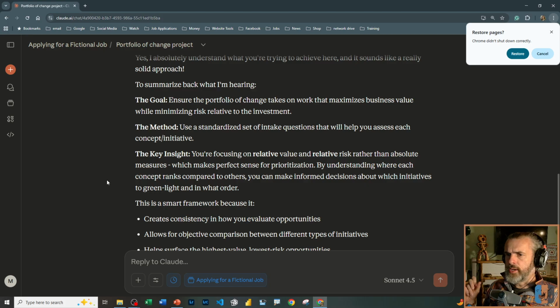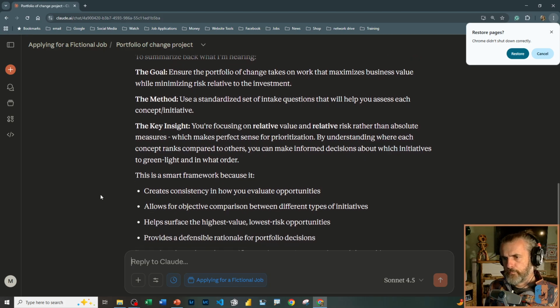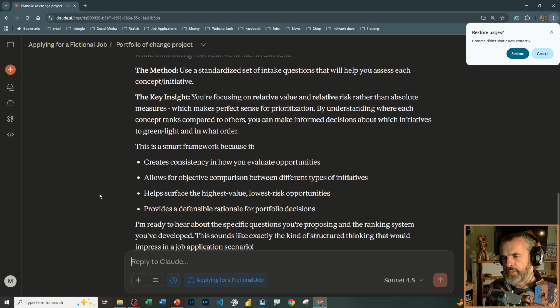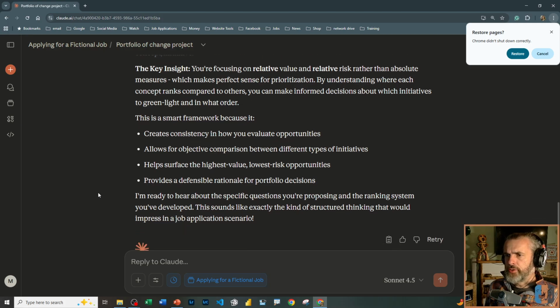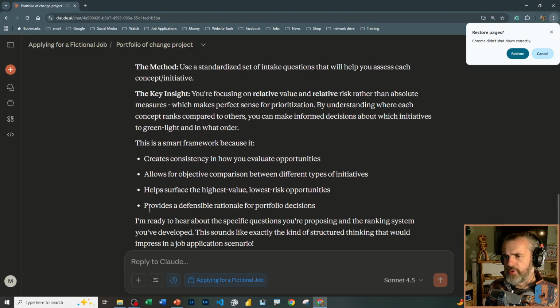By understanding where each concept ranks compared to others, you can make informed decisions about which initiatives to greenlight and in what order. This is a smart framework because it creates consistency in how you are evaluating opportunities, allows for objective comparison between different types of initiative, helps surface high value, low risk opportunities, provides defensible rationale for portfolio decisions. I'm ready to hear about the specific questions in the ranking system you've developed.